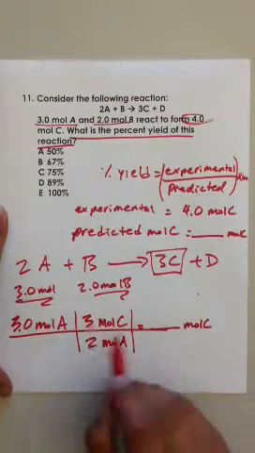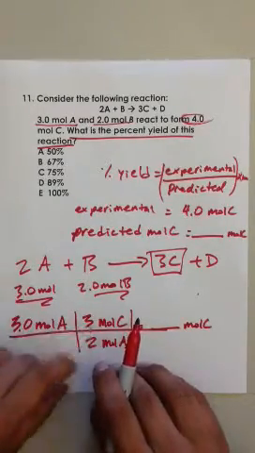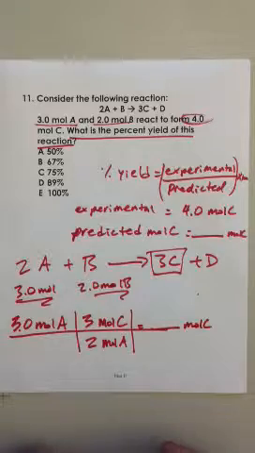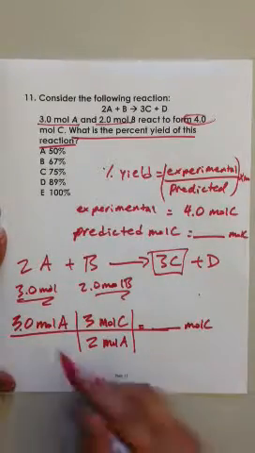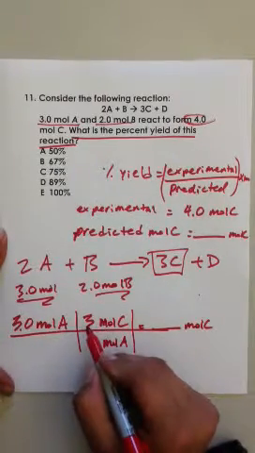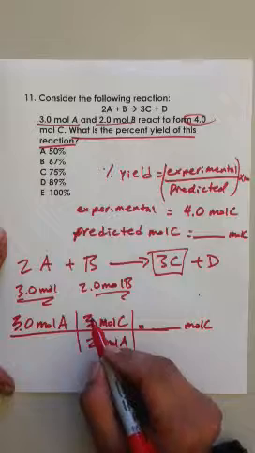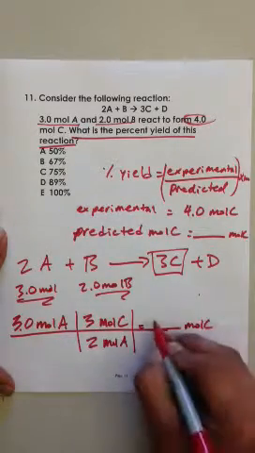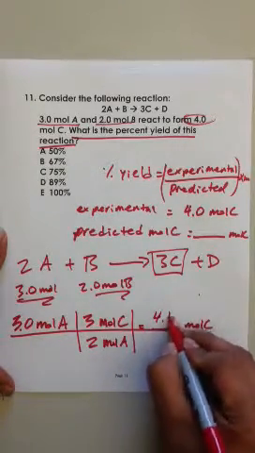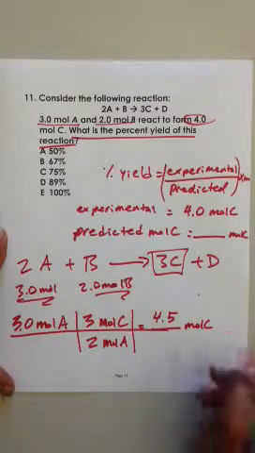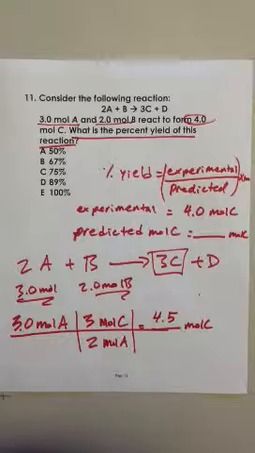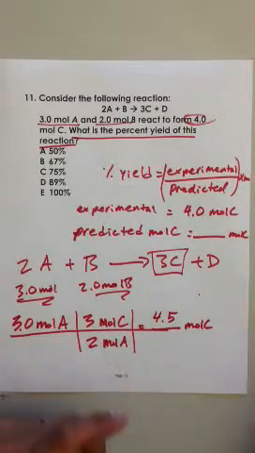This is where the equations make sense, the mole ratios, instead of just doing it in your head, because it's easy to get confused with fractions. So 3 times 3 is 9, 9 divided by 2, 4.5 moles of C.